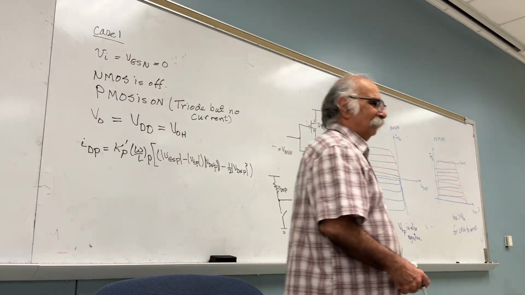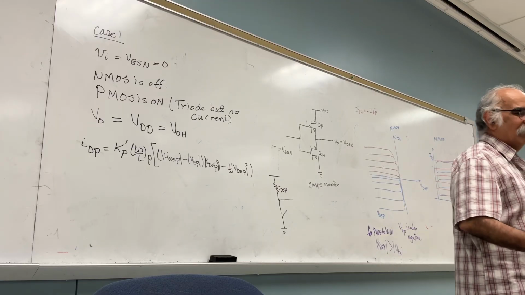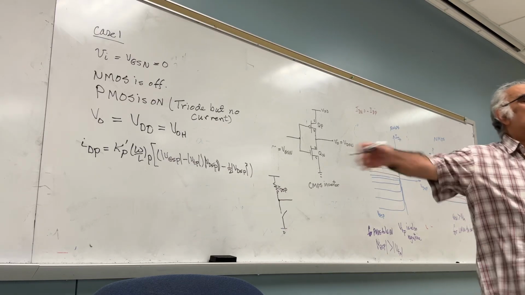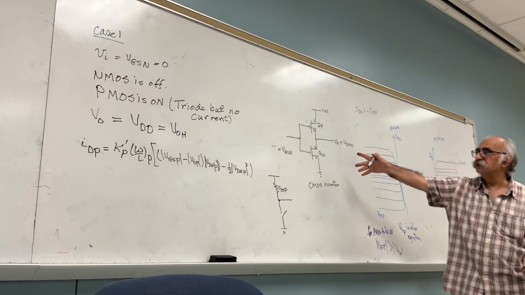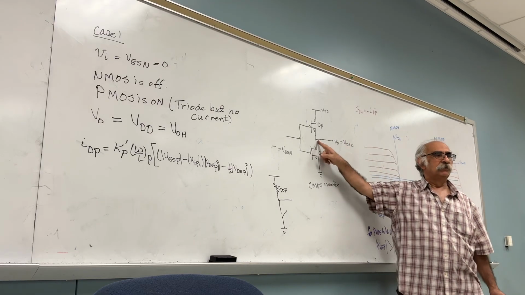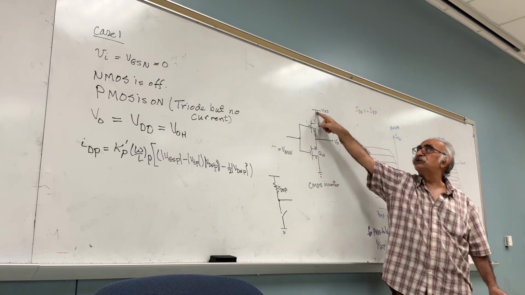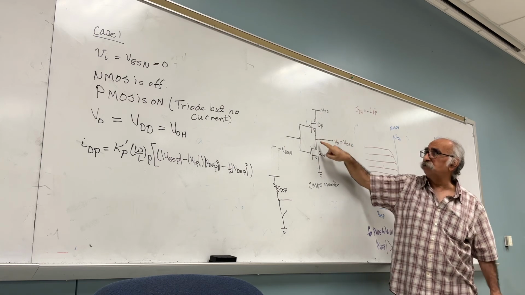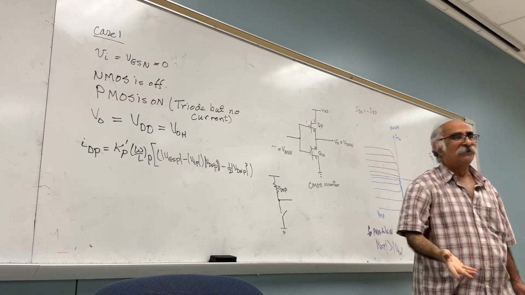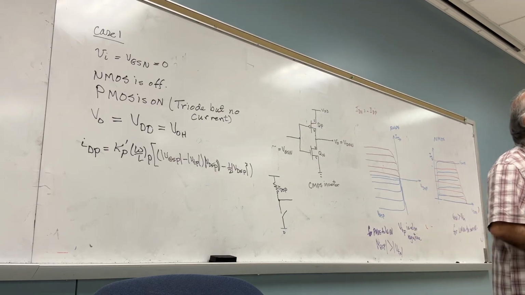It's very small. Did you follow me or not? Why is it very small? Can you show me in the circuit why it is very small? What is the output voltage? VDD. What is this one? VDD. So the voltage between the drain and the source is zero. Did you get it or not? Yes. Okay.